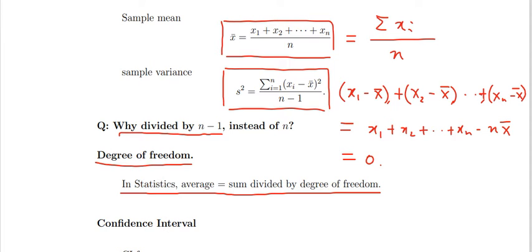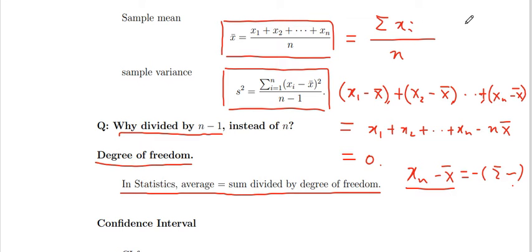For this reason the degree of freedom is n minus 1, because xn minus x bar equals the negative of the others. So this one is completely determined by the others, so no degree of freedom.